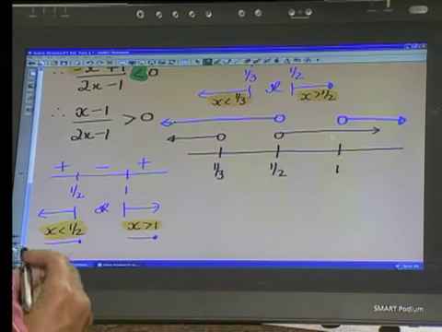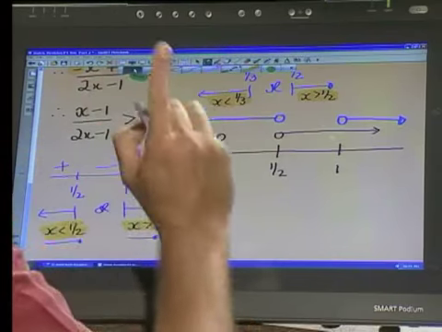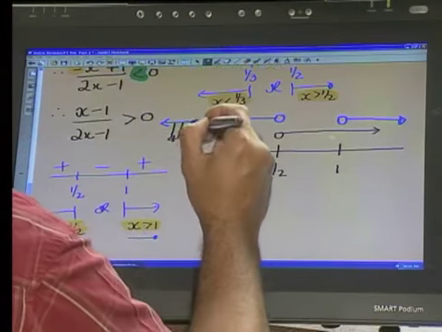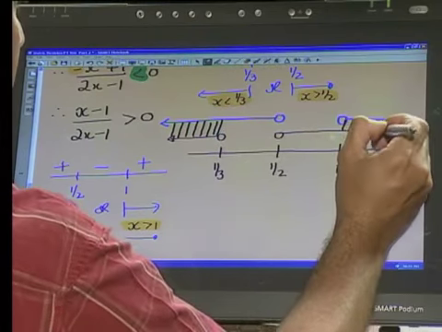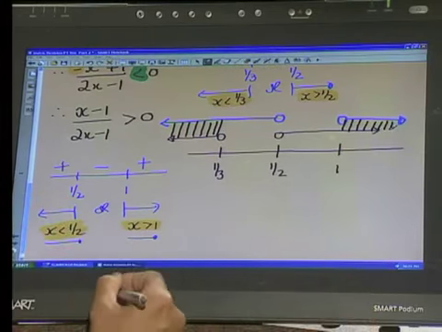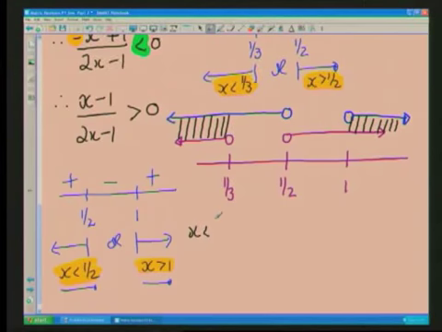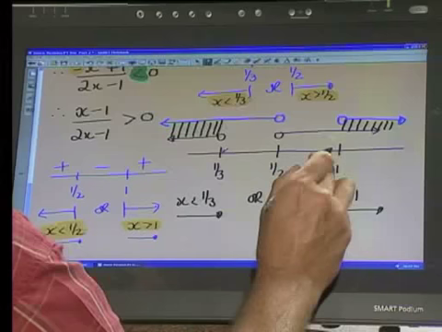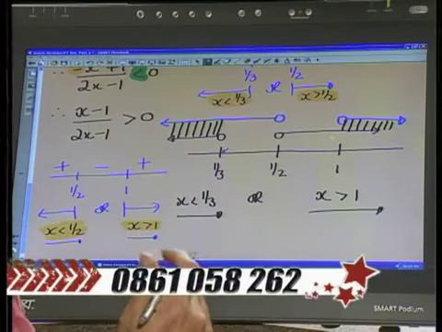Now, Billy, if you look at this, the only place where these overlap is from here. There they overlap, and there they overlap. Therefore, x must be less than a third. Exactly. So x is smaller than a third, or x is bigger than 1. So x cannot be anything between a third and 1, because for those x values, this will not converge.